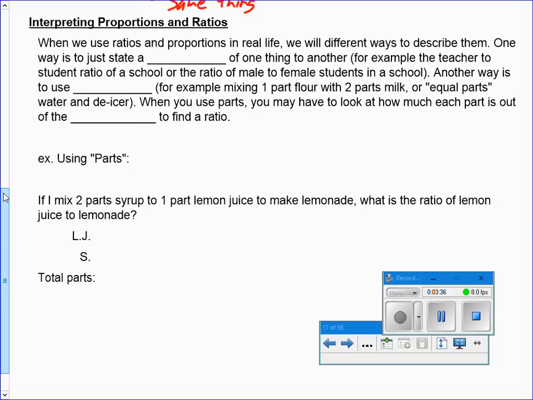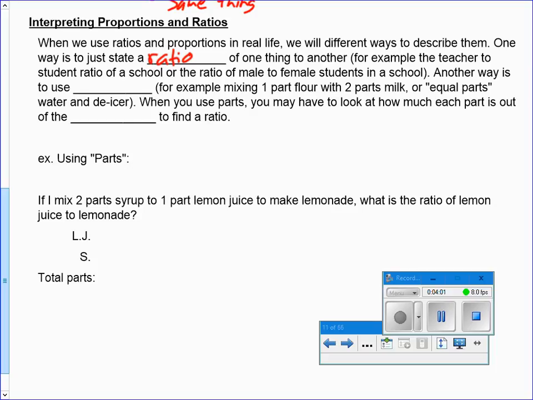Some of the problems we'll do using ratio and proportions, there'll be different ways we describe ratios. So one way is just to state the ratio of one thing to another. Right, how much there is of one thing compared to how much there is of another thing. So for example, a school might have a teacher-student ratio, or you might look at the ratio of male to female students in a school.